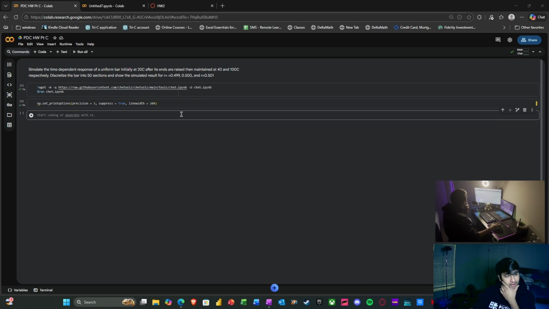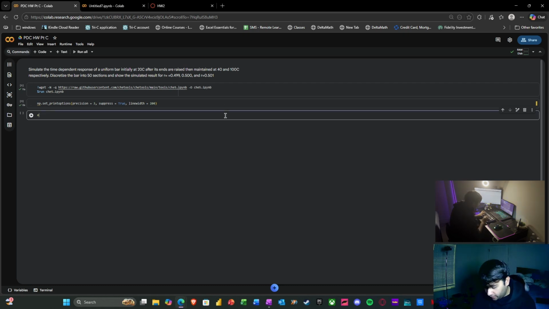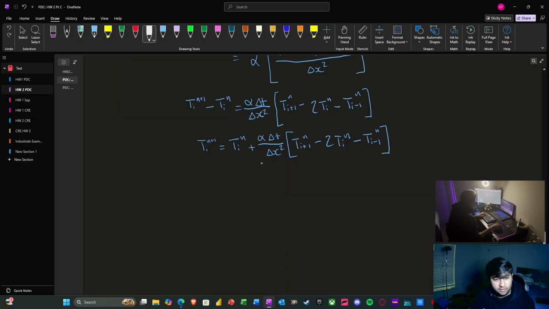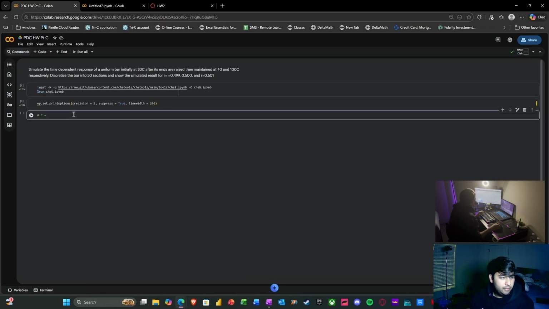We're opened up in Colab now. So I already have my library and our print options set up. So what we're going to do now is we're going to simulate this, and we're going to start with our R value, which it's supposed to have in the problem statement, but it didn't copy over. But basically this is our R value, and we're just going to express that as a derivative.